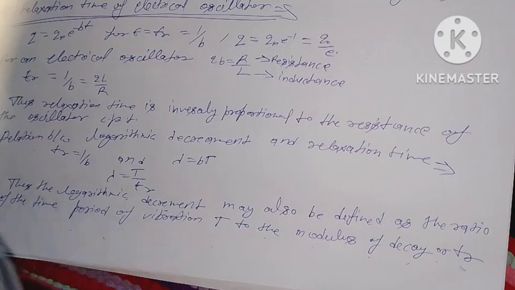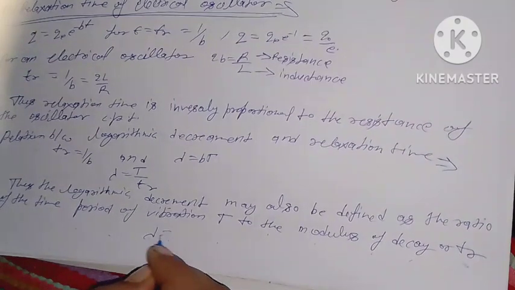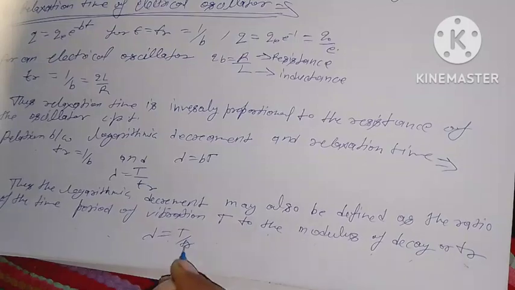Our knowledge of relaxation time and the time period therefore helps in the determination of the logarithmic decrement, according to the relation lambda equals capital T by TR.